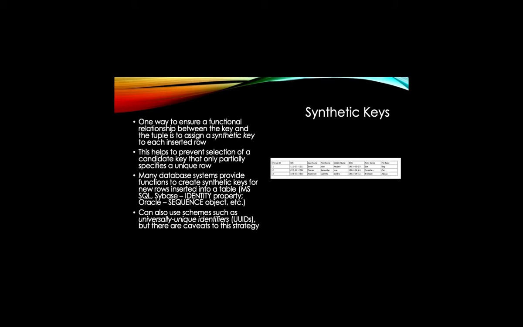So the concept of synthetic keys is it allows us to create some type of universally unique identifier or monotonically increasing integer value that we attach to each row of data in the database.